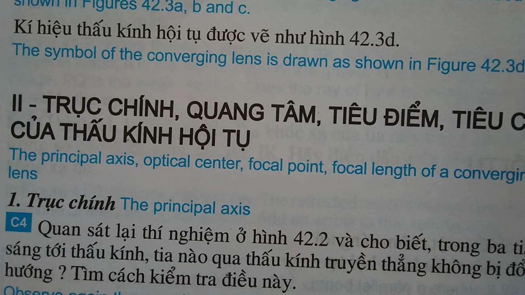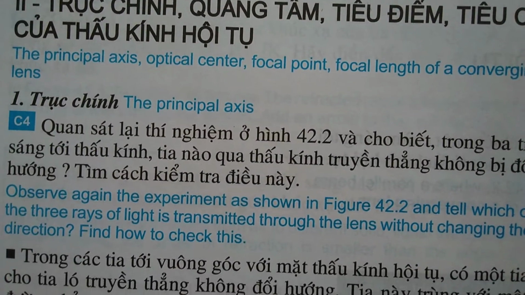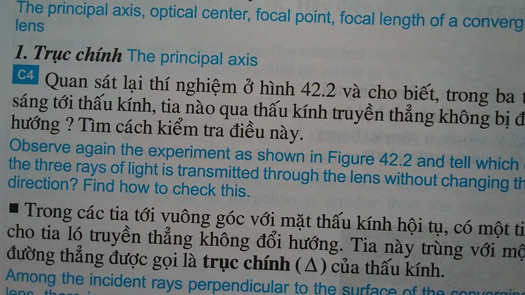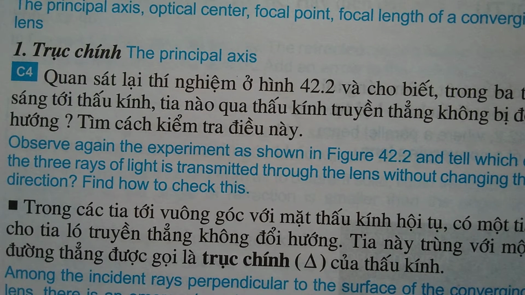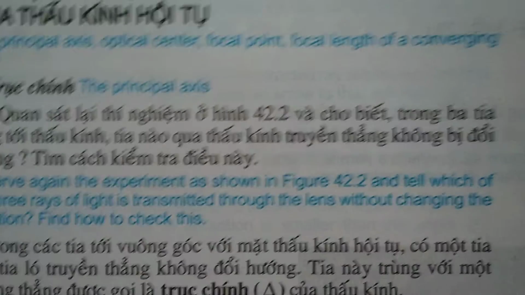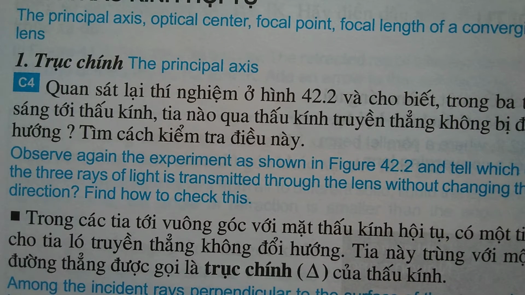The principal axis. Observe again the experiment as shown in figure 42.2 and tell which of the three rays of light is transmitted through the lens without changing the direction. Find how to check this.